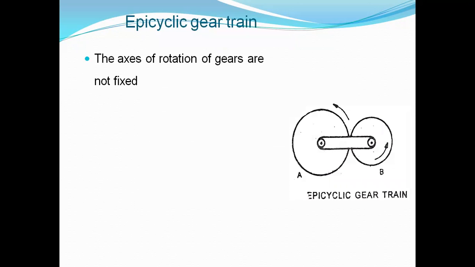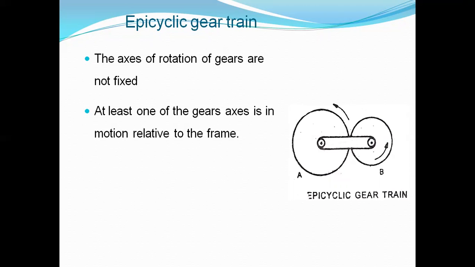The axes of rotation of the gears are not fixed. Here these two axes are not collinear, because it is rotated with this axis, and this pinion is not rotated with this axis because they are not fixed. At least one of the gears' axes is in motion relative to the frame.